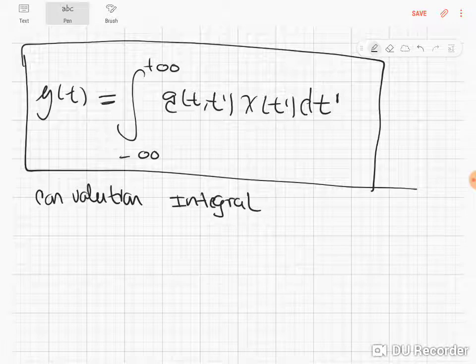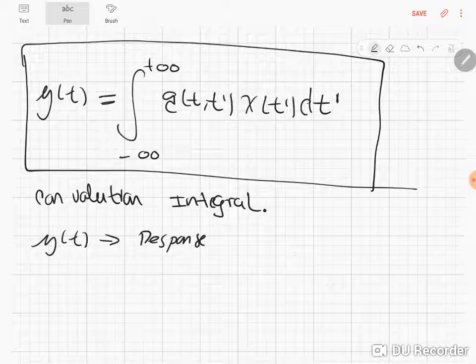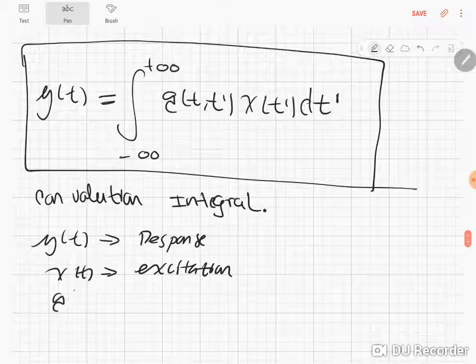And this convolution integral is, let's say, the main way in which a system can be represented. What is everything in this integral? y of t is the response. x of t is the excitation. And g of t comma t prime is an important object here, because it contains all the dynamics and all the information about the steady state of the system.